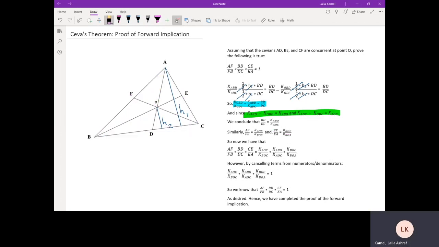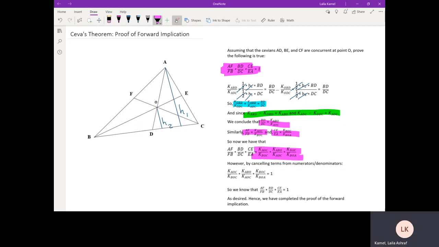Because now we know that this initial ratio we had up here, AF over FB times BD over DC times CE over EA, we plug in these things that we know now. We know that BD over DC is equal to the ratio of the areas of these two triangles, and the same with this ratio and this ratio. We plug these into what we had initially, and we get this expression right here.